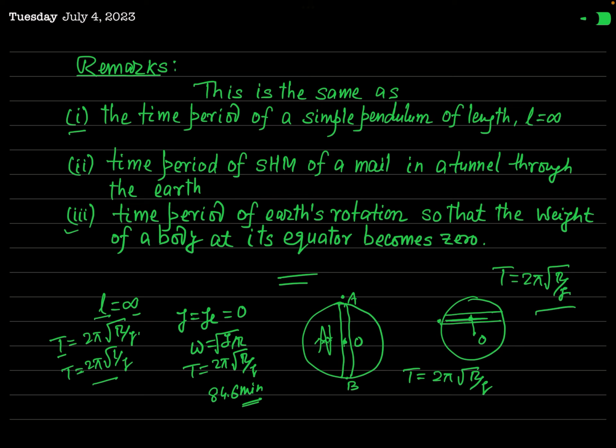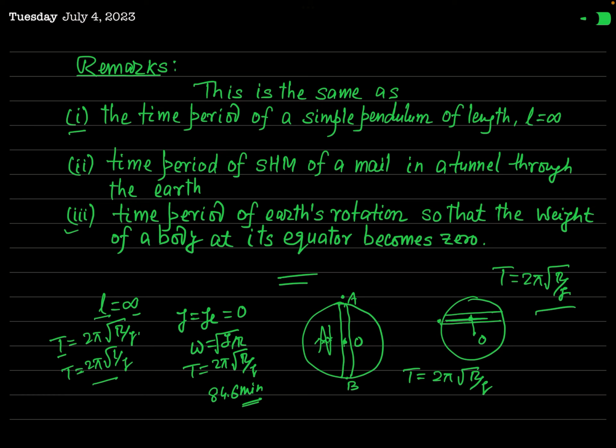Actually, when you write an answer to such a question on an artificial satellite, particularly in the civil services examination, if your optional is physics, then definitely after finishing the answer, you must compare your final result with the other situations where you get the same result.